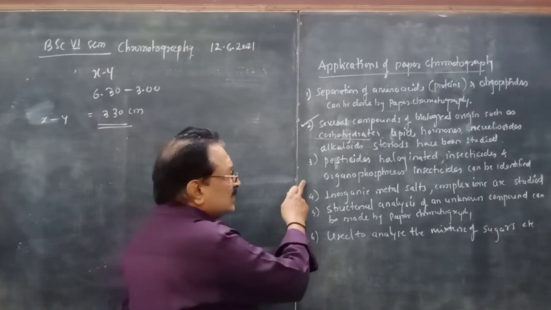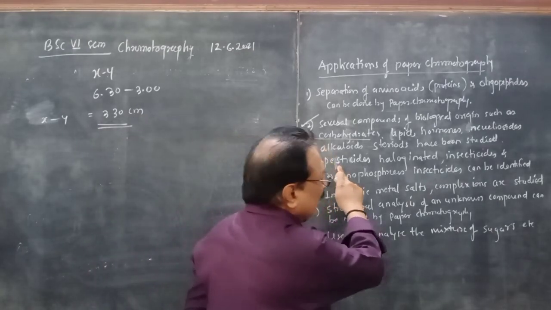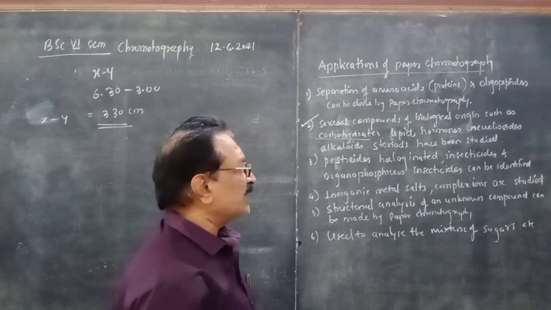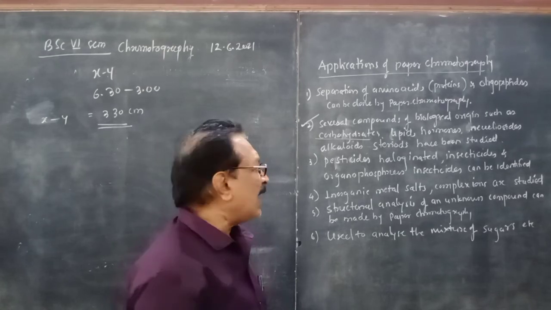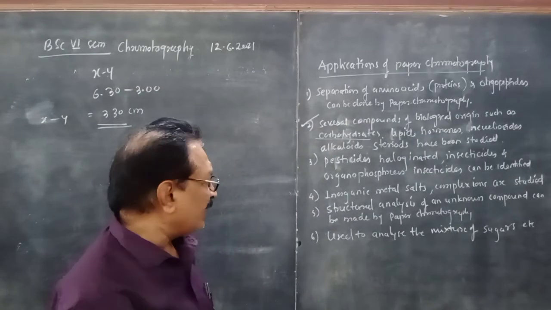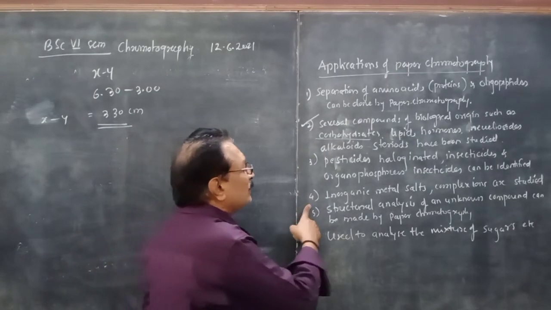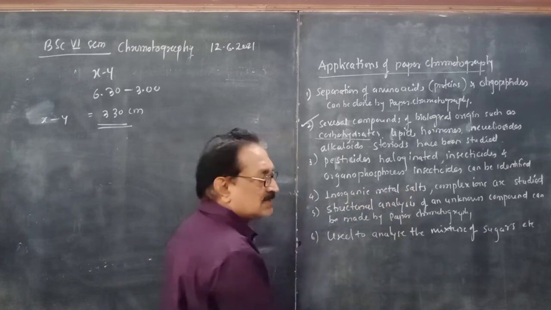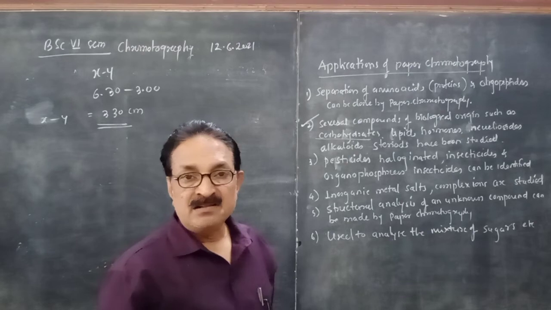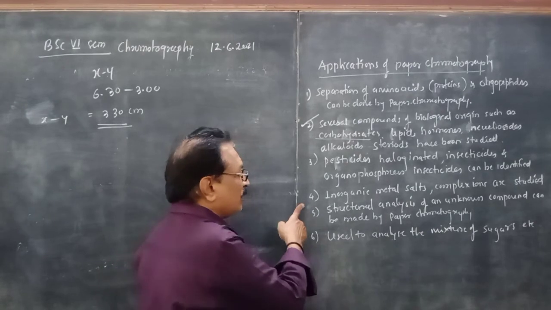The third is pesticides: halogenated insecticides and organophosphorus insecticides can be identified by the paper chromatographic technique. At the same time, inorganic metal salts and complex ions are also studied by paper chromatography.